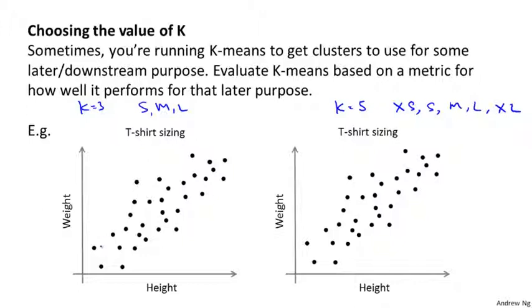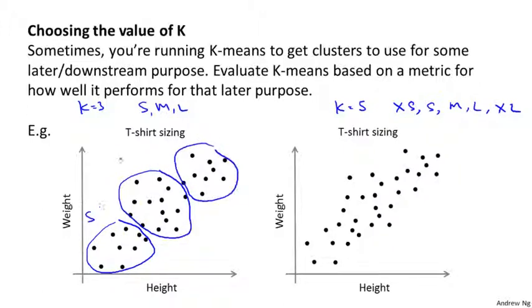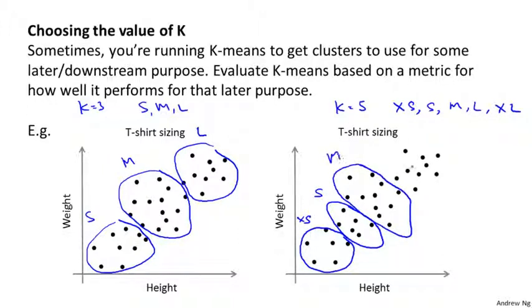So if I run k-means with k equals 3, maybe I end up with that's my small, and that's my medium, and that's my large. Whereas if I run k-means with 5 clusters, maybe I end up with, those are my extra small t-shirts, these are my small, these are my medium, these are my large, and these are my extra large.